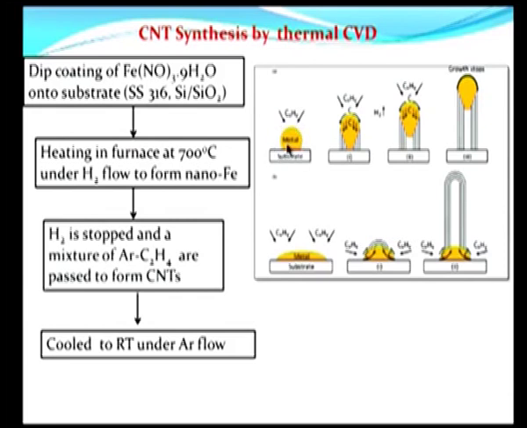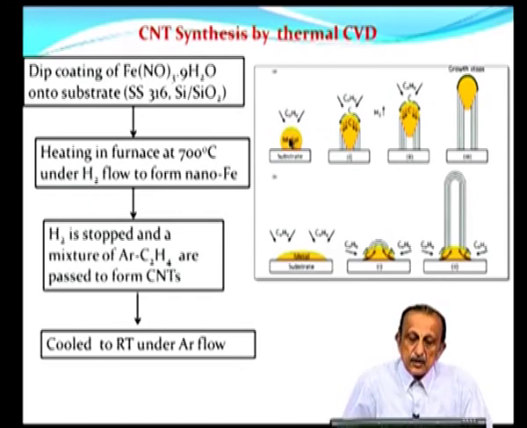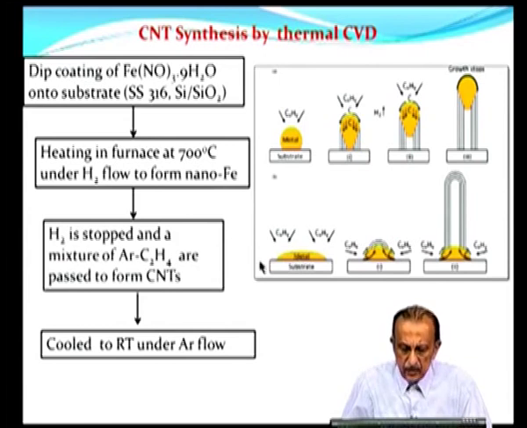This metal particle acts as the surface on which the impinging hydrocarbon decomposes to produce elemental carbon. That carbon dissolves in the metal without the metal itself becoming liquid, and the dissolved carbon then emerges as a carbon nanotube, and the carbon nanotube grows out of this metal deposit.